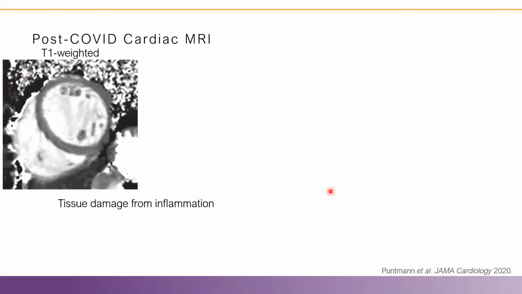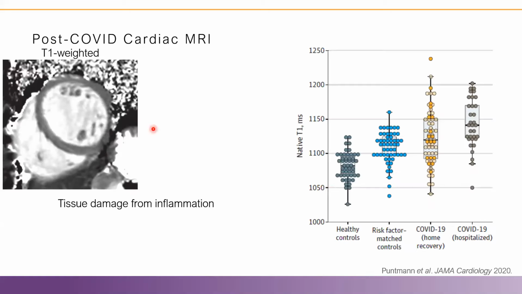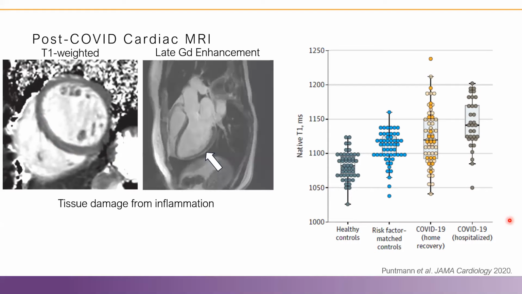And switching quickly here into cardiac MRI, this was a study in 100 patients after they were recovering from COVID-19. These investigators performed T1 and T2 weighted imaging of the heart. I'm showing the T2 weighted images here, where they measured T1 in the cardiac walls, and T1 was actually increased in those patients who were hospitalized and experienced worse outcomes of COVID-19.